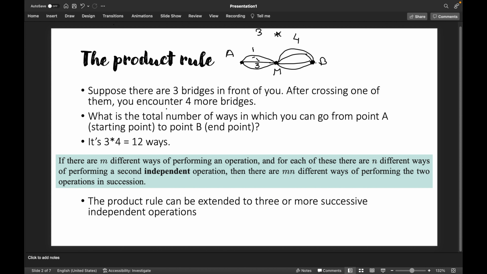So that's the reasoning. If you go from A to M, there are 3. M to B, it's 4. So in total, it's going to be 3 into 4. We can label all of them.